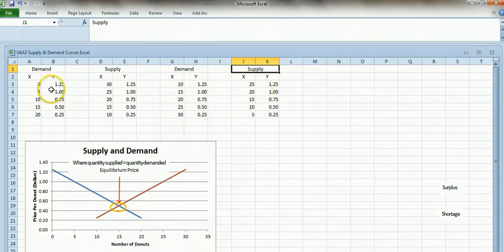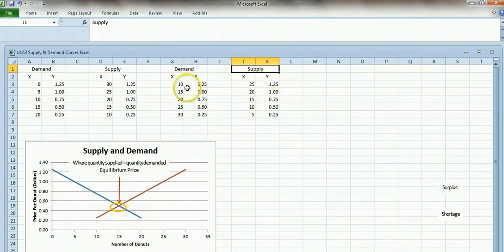And by the way, the numbers data I have here does not match the assignment. I've done that purposely so that I'm not doing the whole solution for you. So again, in the second scenario, the demand has increased by 10 units and supply has decreased by 5 units for every given price.